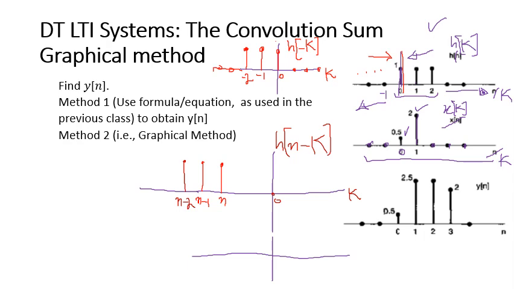This is the input signal. At 0 it has a value of 0.5. At 1 it has a value of 2, and this is your k axis.